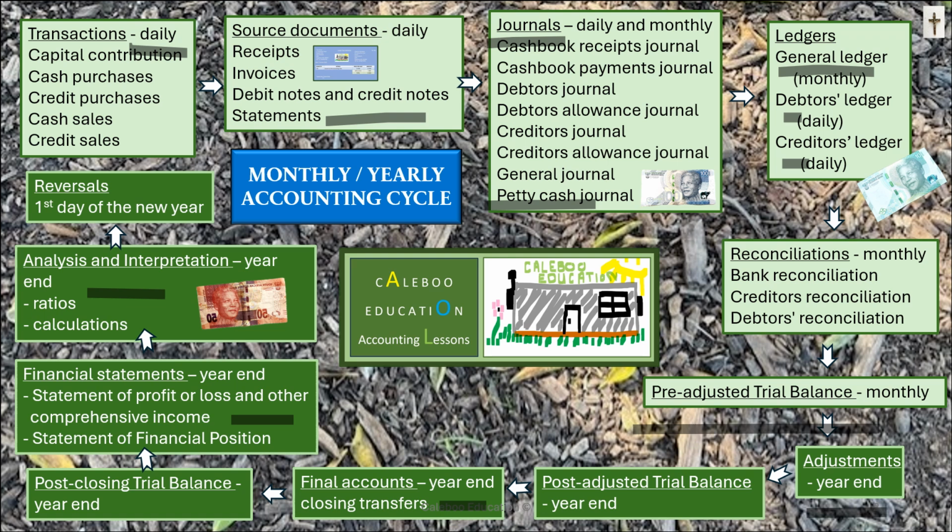Then we need to do reconciliations at the end of the month and draw up a pre-adjusted trial balance or draw up a trial balance. That's what happens on a monthly basis. In my videos, you will learn how to do every single item listed here in these light green blocks.